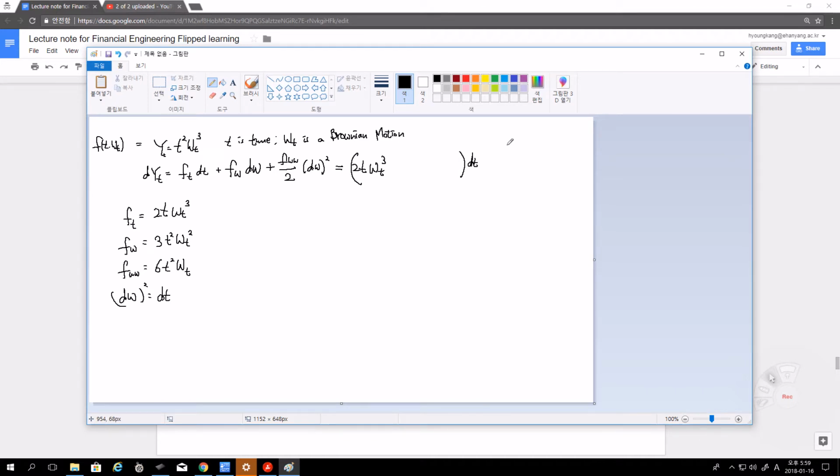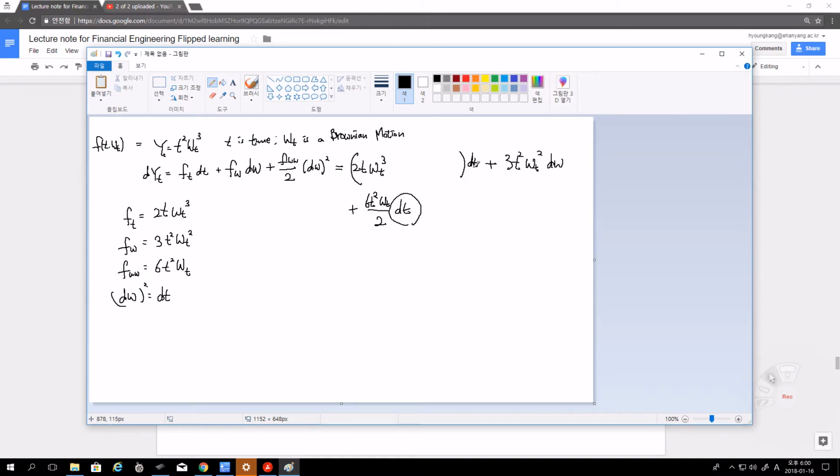Now plus w, 3t square wt square dw, right? And then plus 2 to the power of ww, so we have this one, 6t square wt, and then dw square dt.